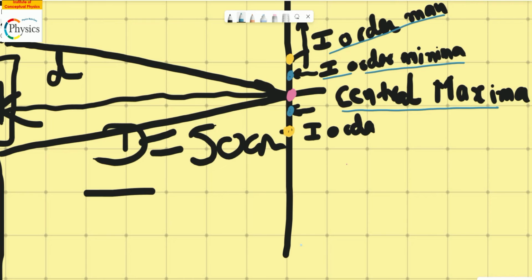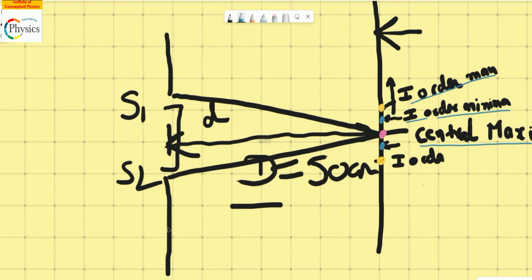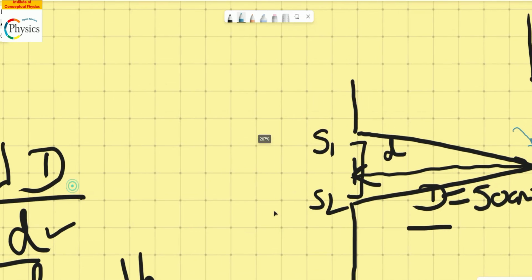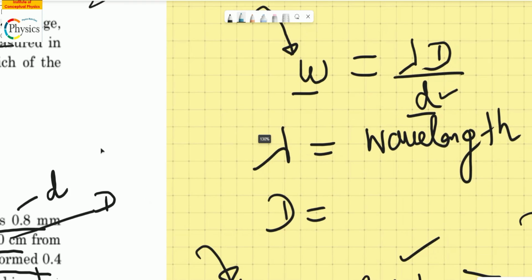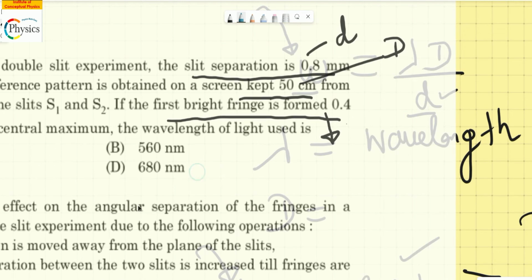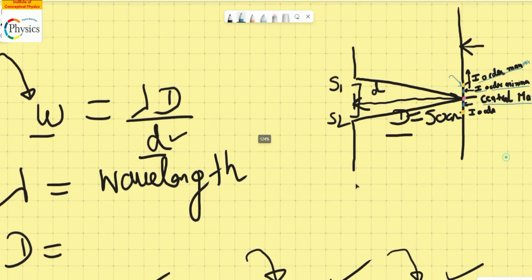In our question, what they're saying is that the first bright fringe, which is the first order maxima, this is what I'm referring to. This is the first bright fringe which is getting created. It gets created at a distance of how much? Let's read it. I think it's 0.4 mm from the central maxima. So this distance is 0.4 mm.